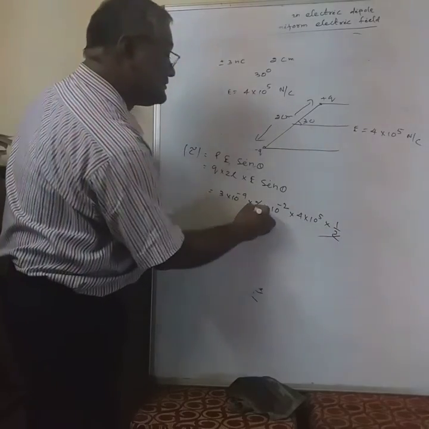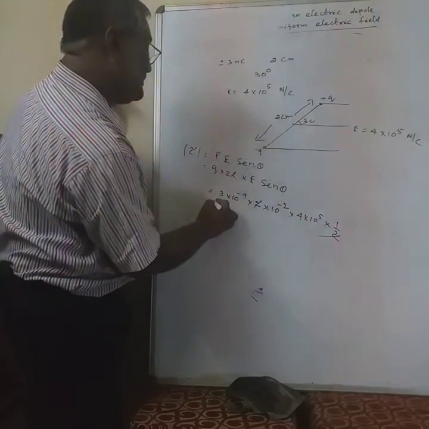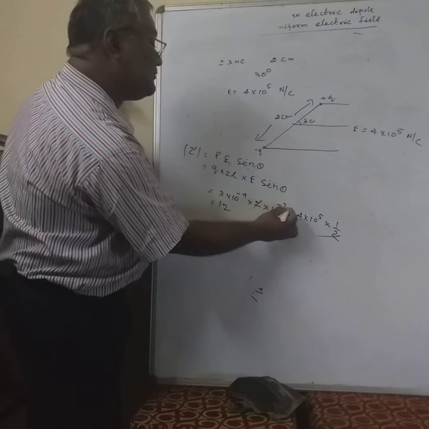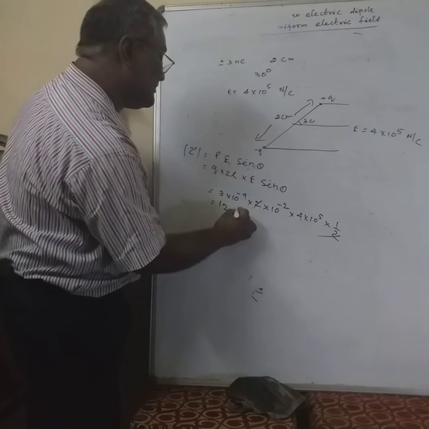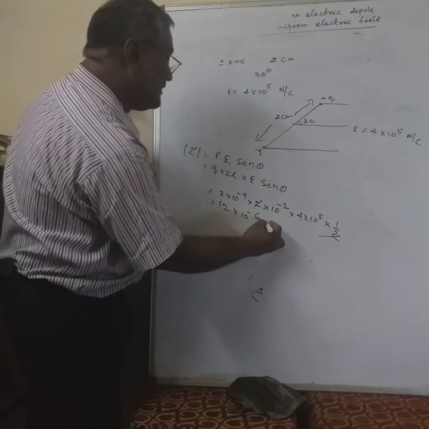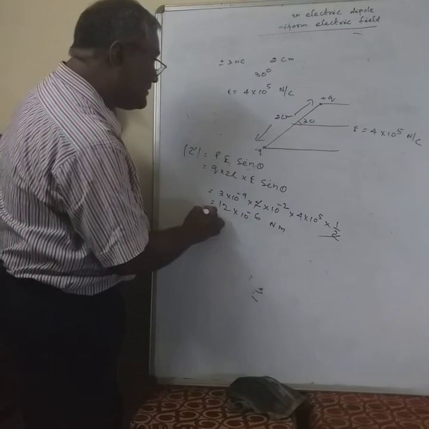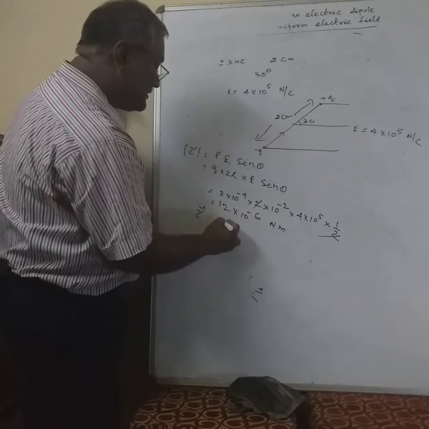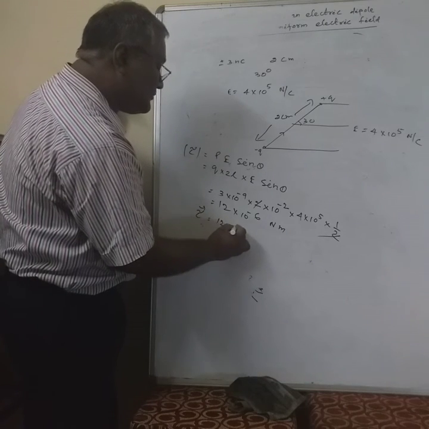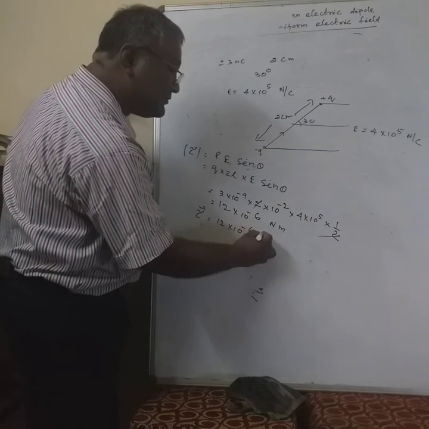So to cancel, 4 into 3 is 12, 9 to 11 minus 5 is 6, 10 to the power minus 6 Newton meter. But in this figure, the magnitude will be 12 into 10 to the power minus 6 Newton meter.